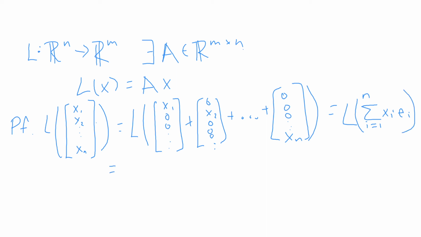Because L is a linear transformation, and it has the properties that we just discussed, we can rewrite this as a sum of linear transformations instead of a linear transformation of sums.